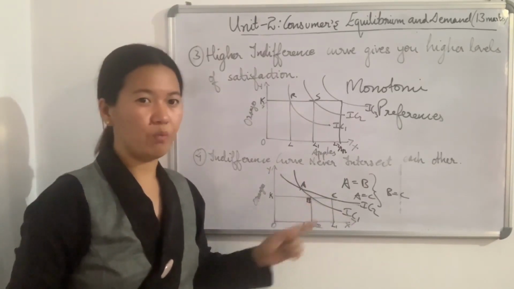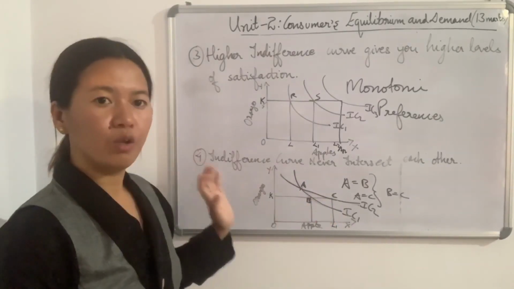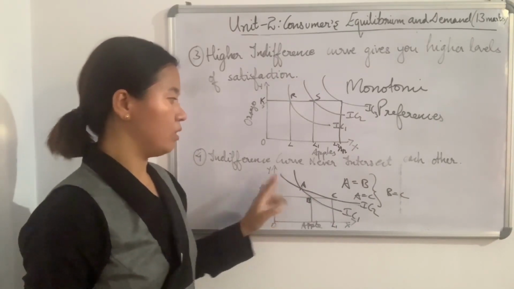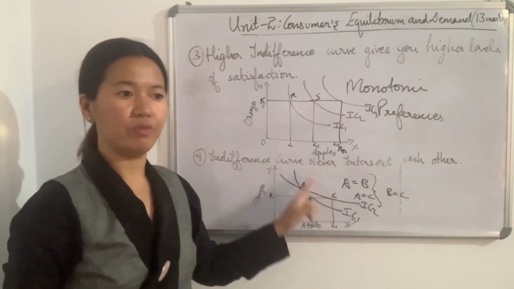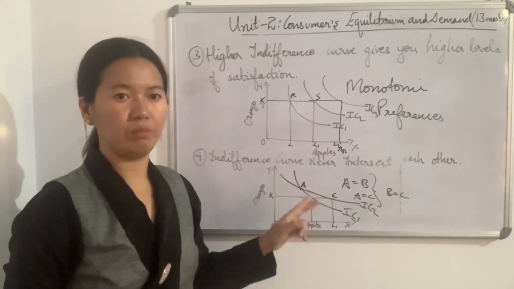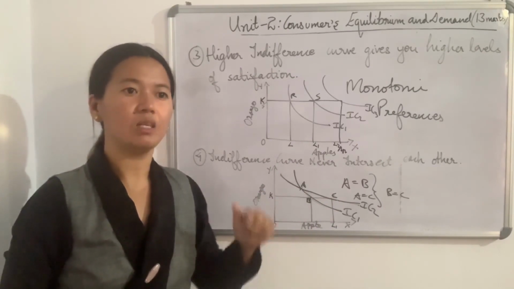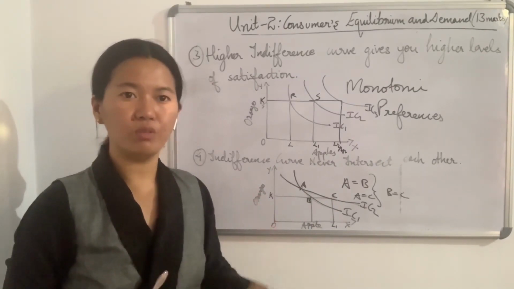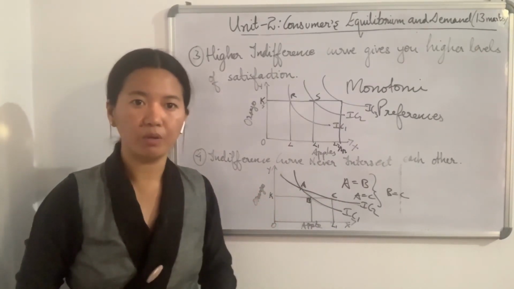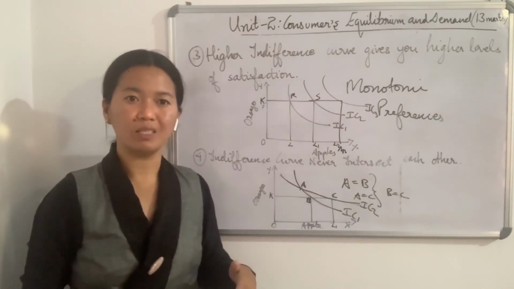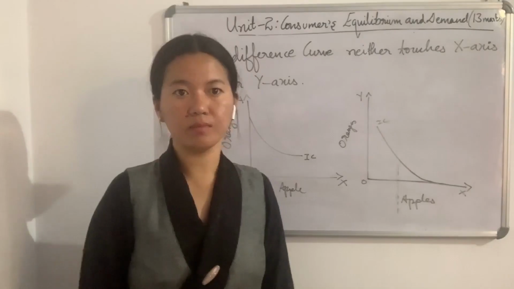Therefore, point B will never be equal to point C. From this diagram, it means that two indifference curves will never intersect each other, because when one indifference curve is higher than the other, it means that it is consuming a greater number of goods, and also it is getting higher satisfaction.